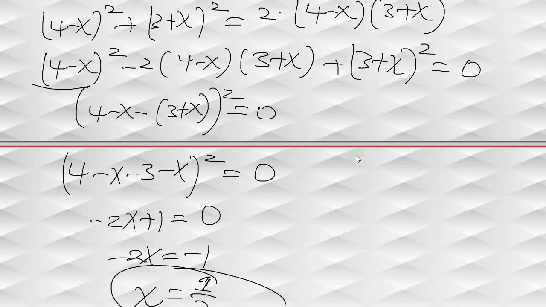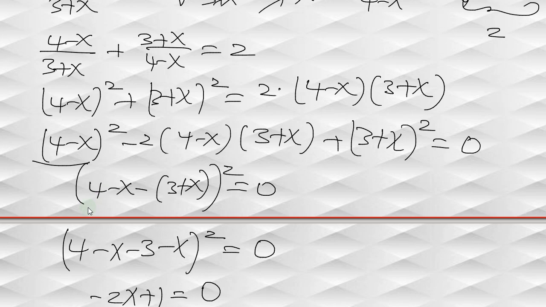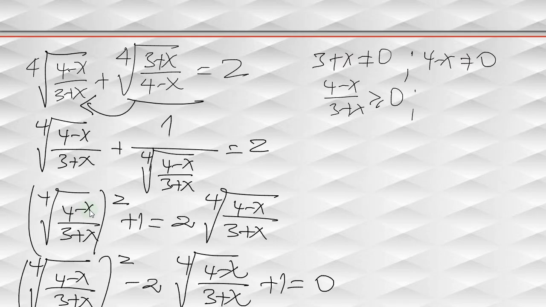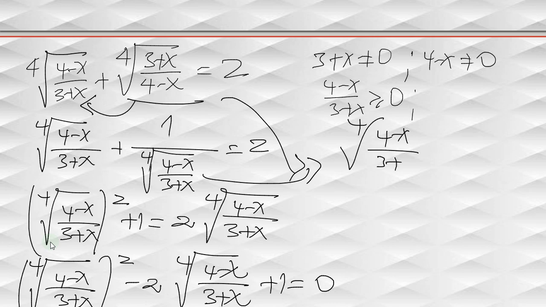Okay, and then the third one I would like to show you guys is the substitution. If we make a substitution here, after we find the inverse, we can say that the fourth root of (4 minus x over 3 plus x) is equal to, let's say, y, because x and y are more common.